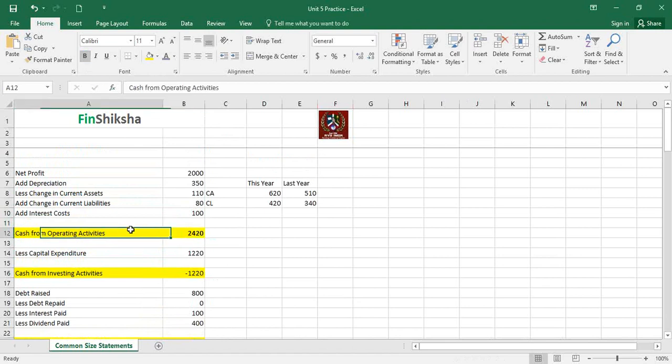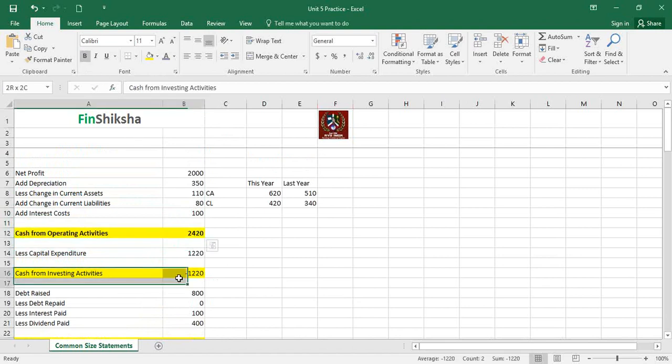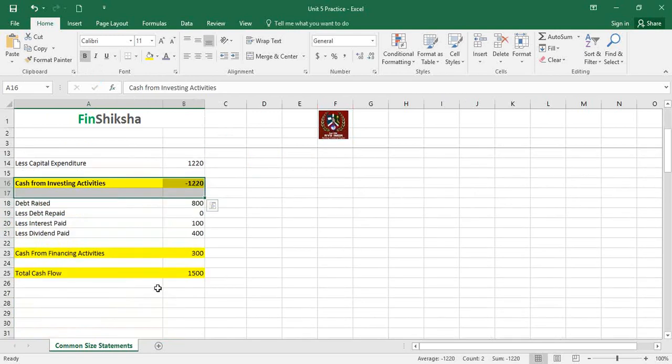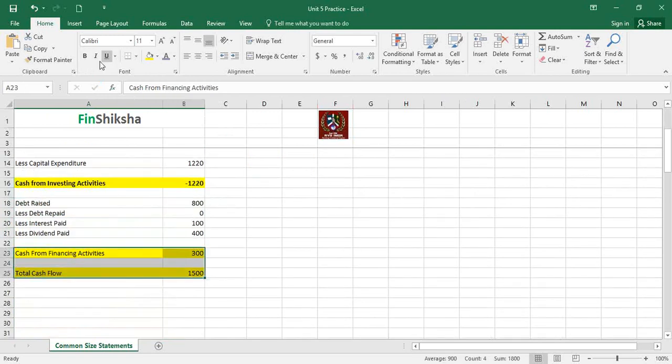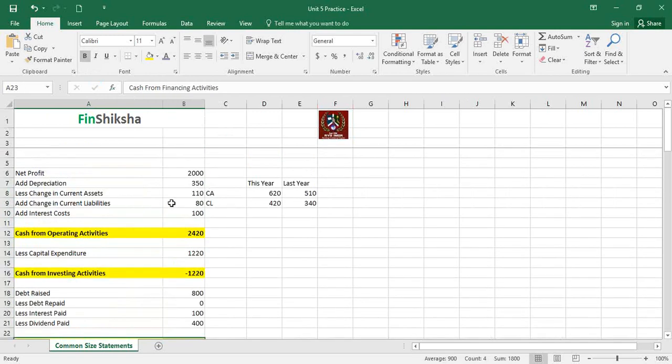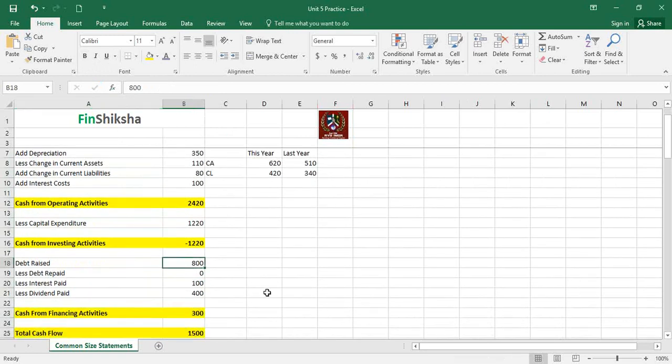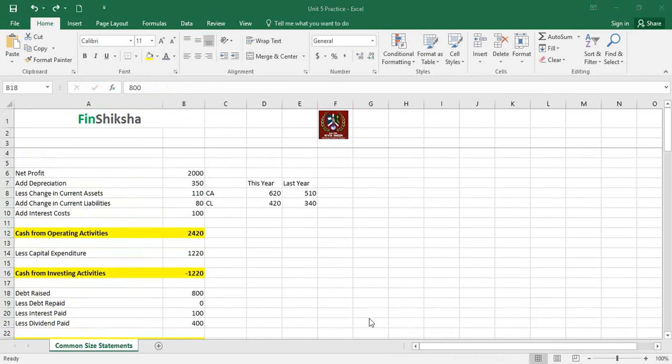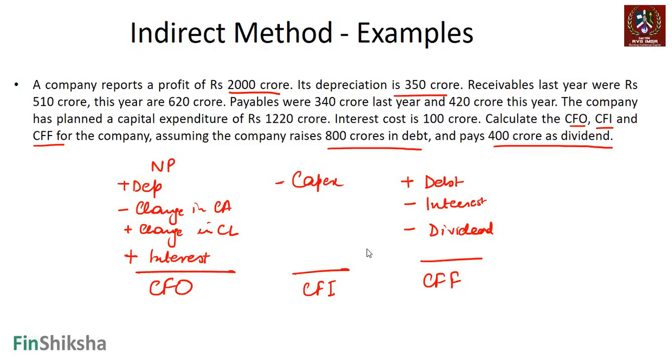So effectively that's the set of numbers we get. That's how we solve for any such question and arrive at the final numbers. Does the company need to raise this 800 crore? Even if we remove this, they don't need to raise this 800 crore because they are generating enough cash. We can play around with these numbers, change some of these numbers to understand how do we go about putting this into the context, right?